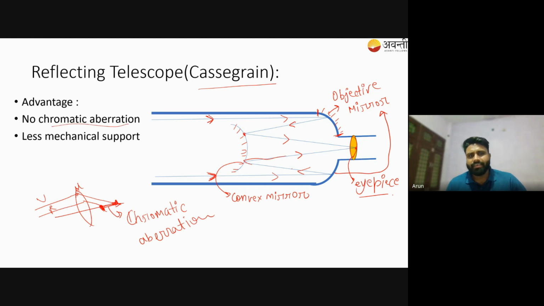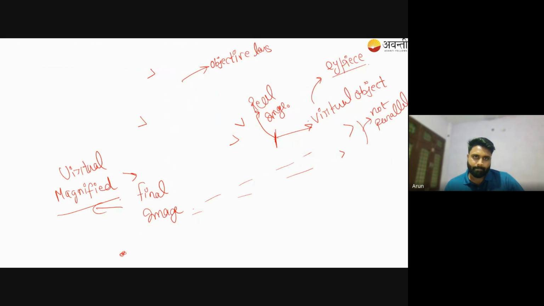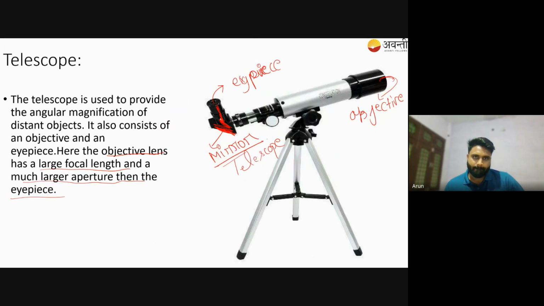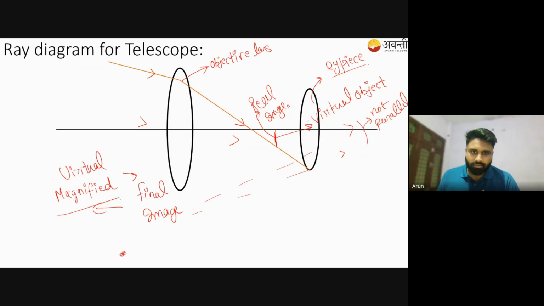And there is very little mechanical support that we need. If you see this telescope, there is a lot of mechanical support that we have used. We have used a tripod, and for bigger purposes, mechanical support increases, indirectly increasing the cost of making it.